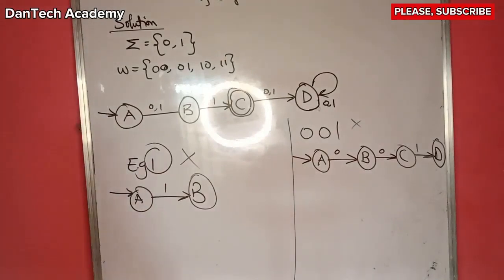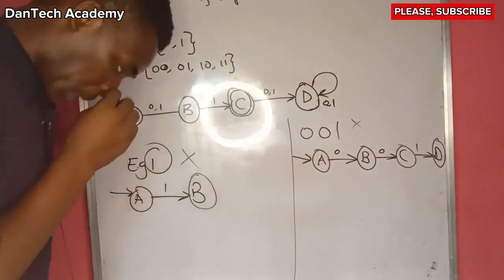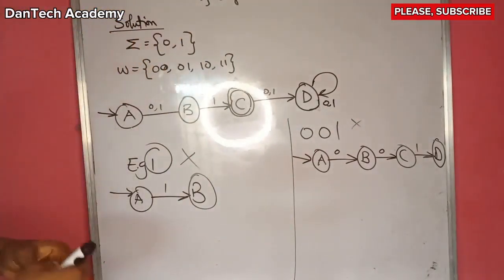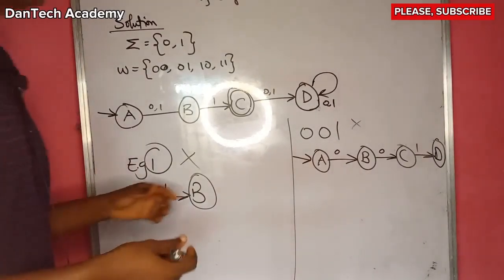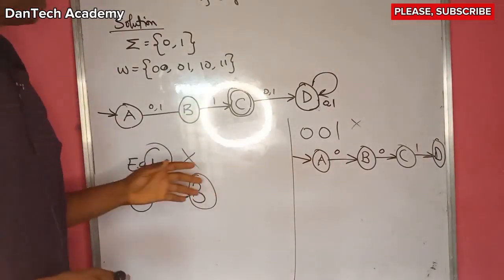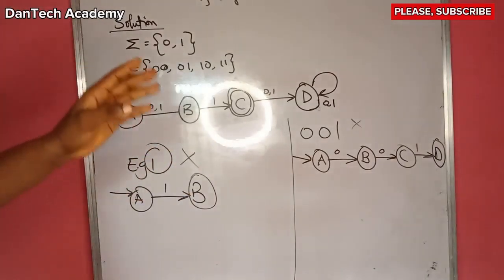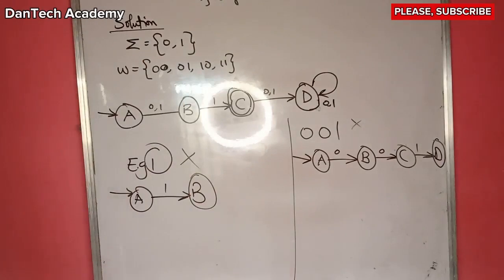So that's for that. So what about the transition table? Our transition table has nothing to do with this. That transition table was actually showing us how a particular state moves from its current state to another state.